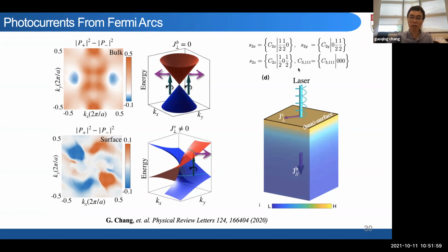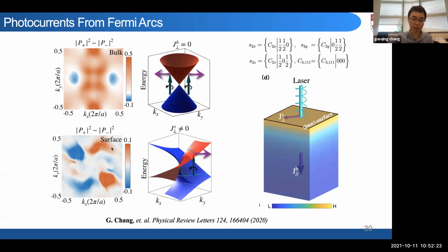As a result, if you apply a laser on the sample, the bulk photocurrents will be fully parallel to the laser direction. However, if you apply this to the surface, because this translation will be broken on the boundary, this in-plane photocurrent will be allowed on the surface state.